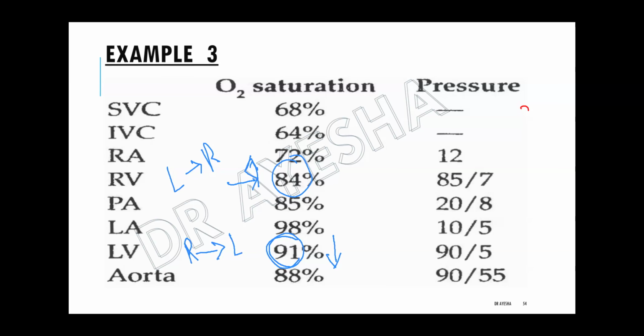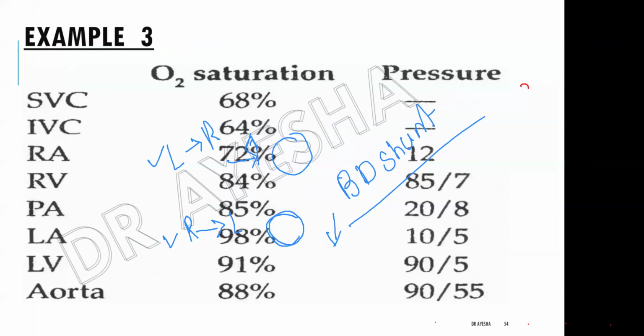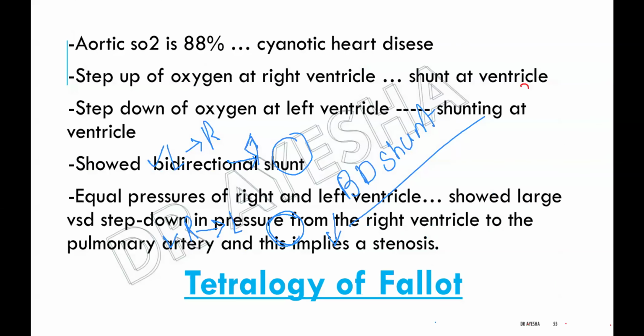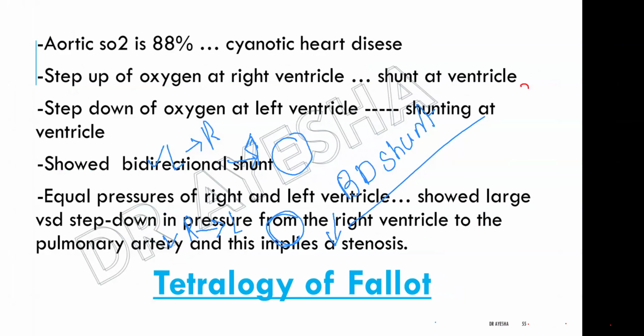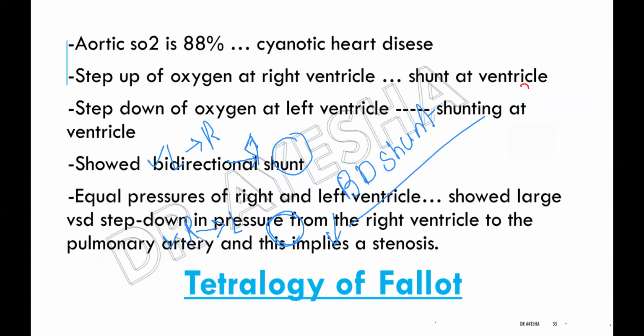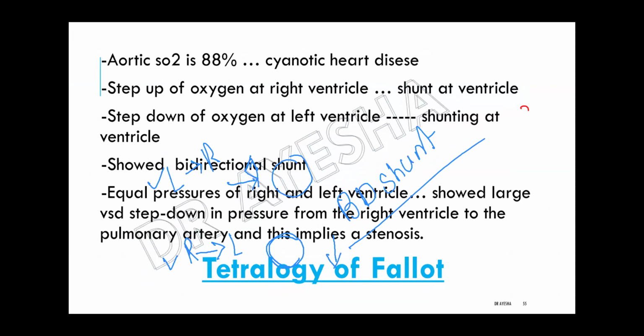If in any condition you have both left to right and right to left shunts present, this is called a bidirectional shunt. Agree, Tabinda? Very good. So that's what I'm saying, at the level of the left ventricle there is a step down. So shunting is also at the ventricle, but it is right to left. That explains the bidirectional shunt.